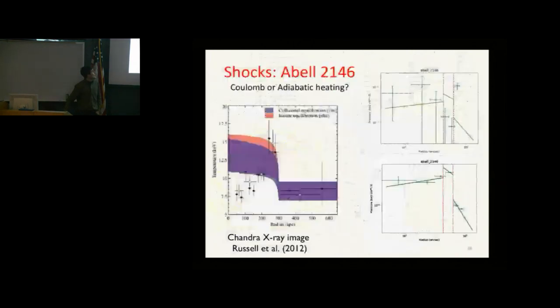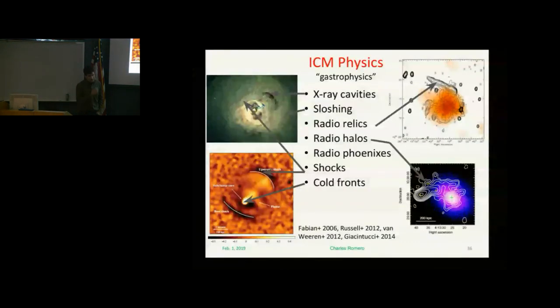Yeah, so the idea of a radio phoenix is that perhaps a shock came along a billion years ago and produced a population of cosmic ray particles, but they are at some sub level where they're not able to produce synchrotron radiation, and you just need a little more acceleration to get them back up to producing synchrotron radiation.